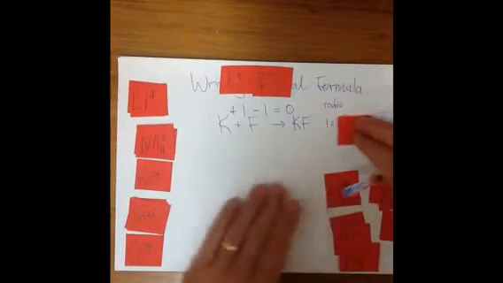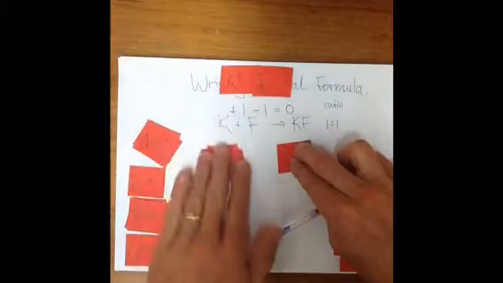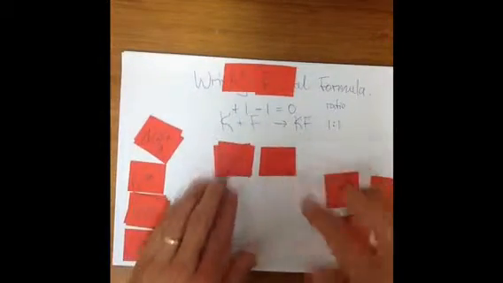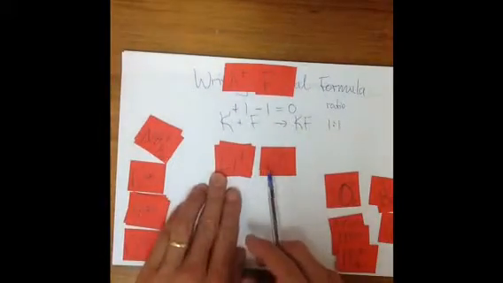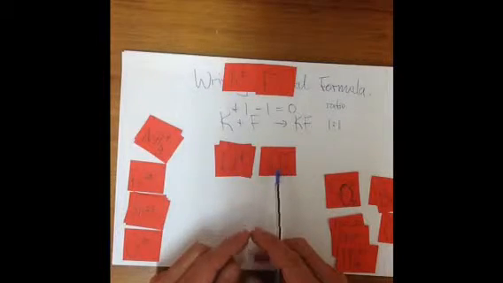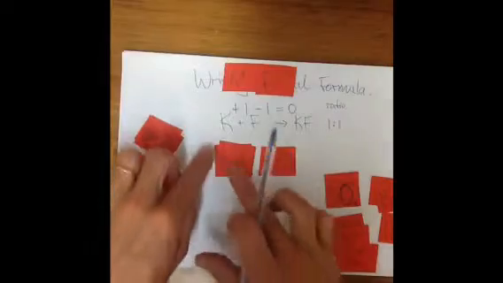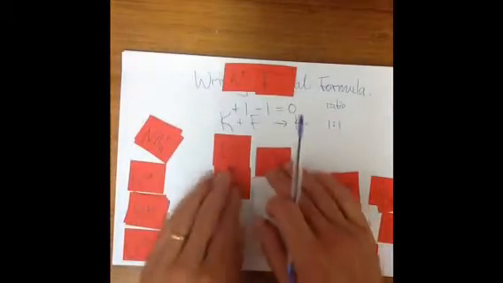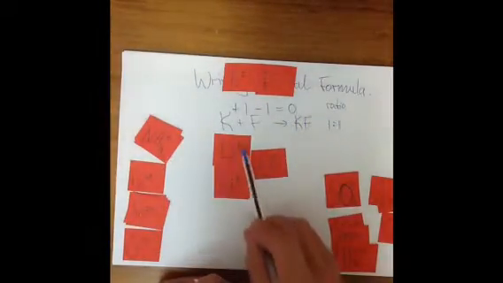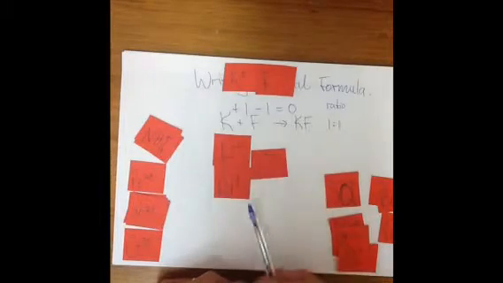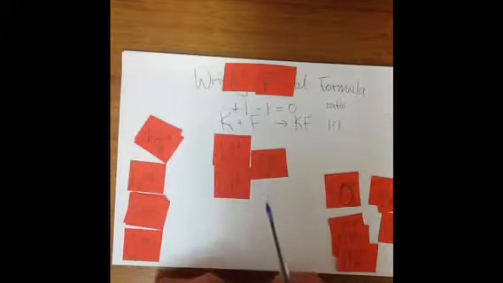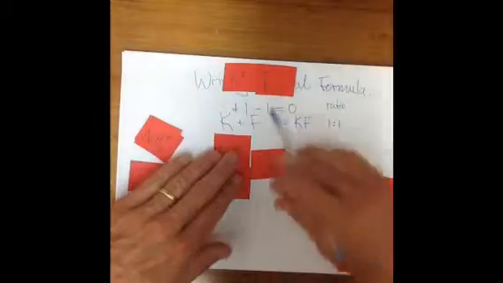If I was to join together lithium and oxygen, lithium is a +1, oxygen is a 2-, I'm going to need 2 lithium cards, 2 +1s to balance the 2- of the oxygen.